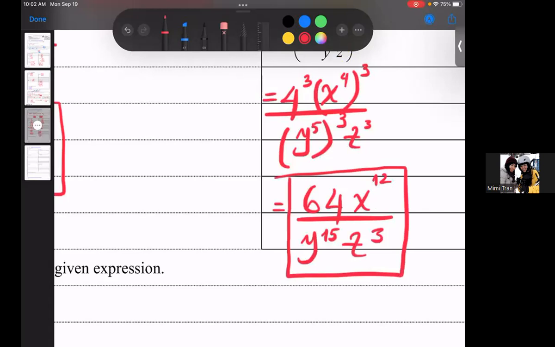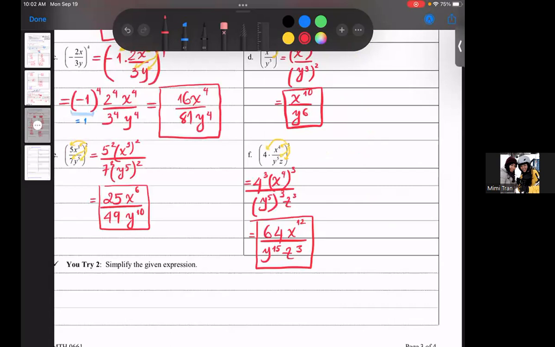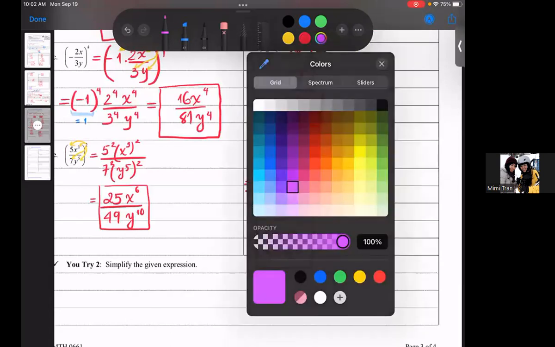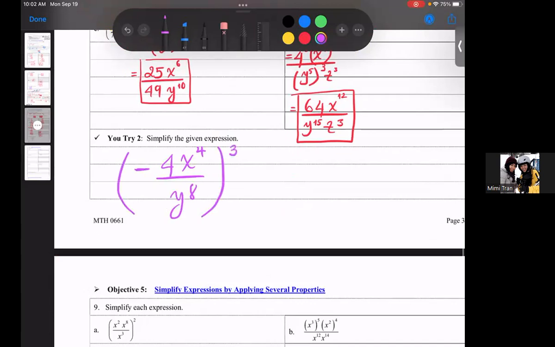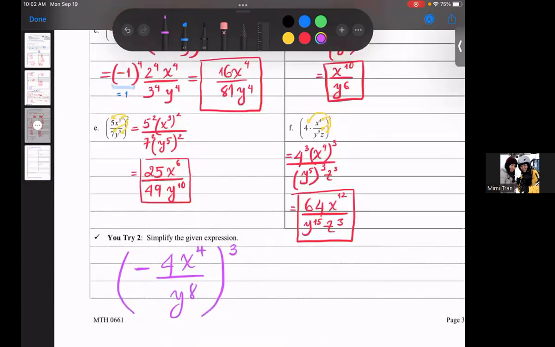Let's try this one: negative 4 x to the 4 over y to the 8, all of that cubed. It's kind of similar to D.